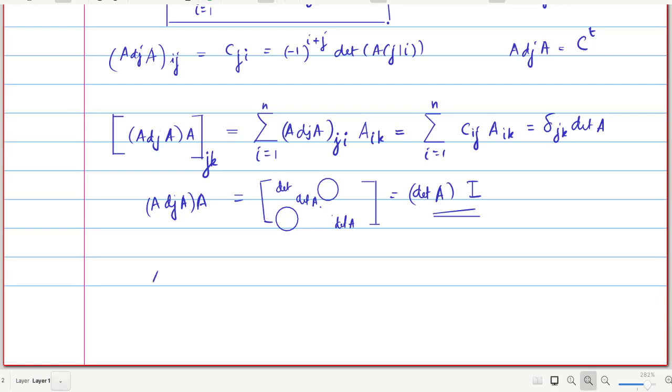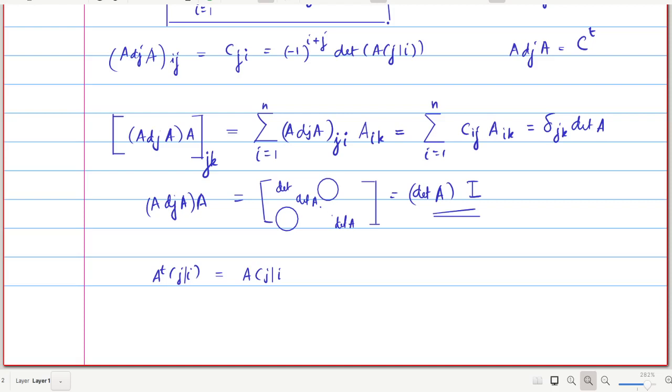When you write A transpose of ji, this is the transpose of the matrix obtained by deleting the jth row and ith column of A. And this will be the same as A_ji whole transpose, that is, A_ij whole transpose.